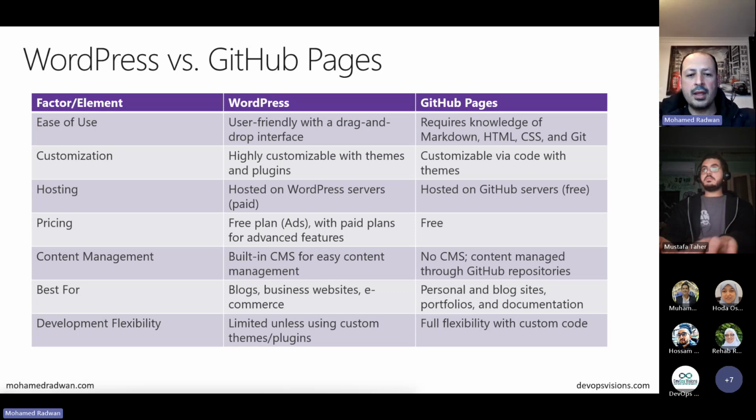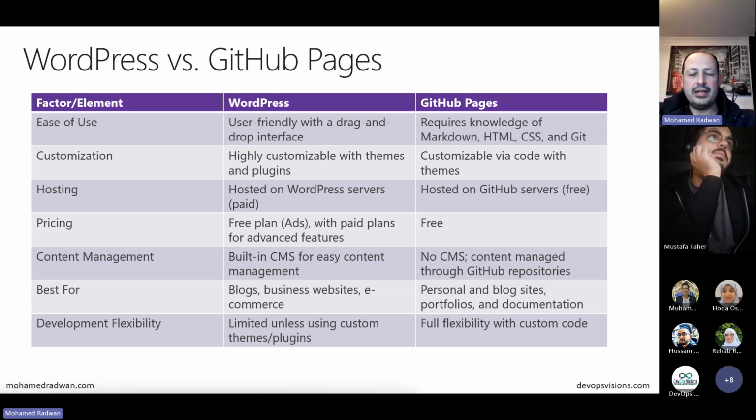So usually you pay for WordPress hosting. Of course, there are some free plans for hosting WordPress, but they come with advertisements and limited features. If you want more features and no advertisements, then you will need to pay for WordPress. But for GitHub Pages, it's completely free.